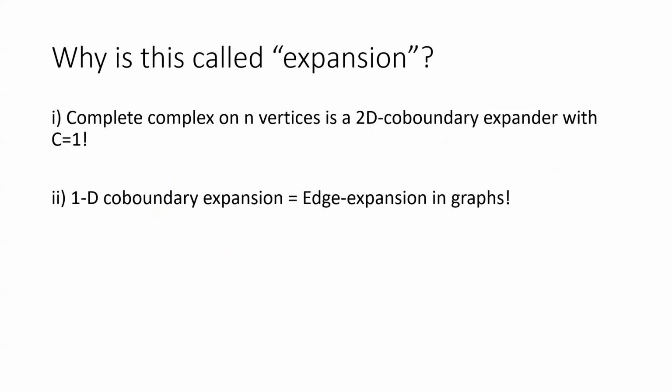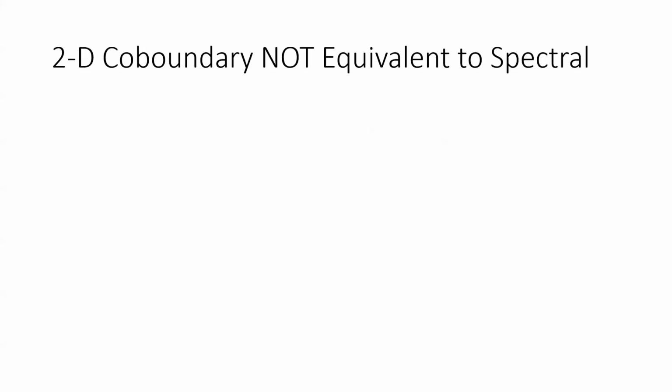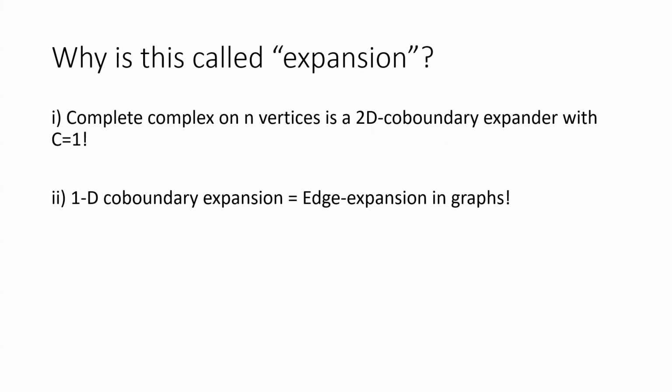Okay, and I will leave this as an exercise for you to generalize coboundary expansion to 1 dimension and show that it is actually equal to the edge expansion in the graph, or the Cheeger constant. That's an exercise, but it's going to look something like this: you'll have functions over the vertices.